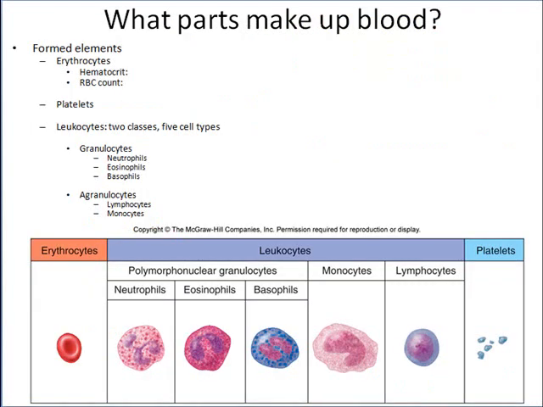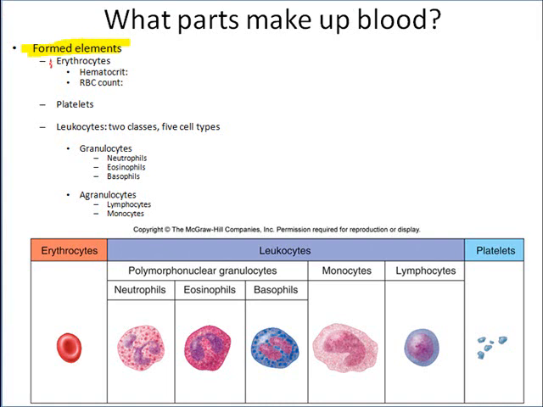All right, so we've talked about the matrix component of the blood. Let's talk about the cell component of the blood. These are what we also refer to as the formed elements. And there are three types of formed elements in the blood.